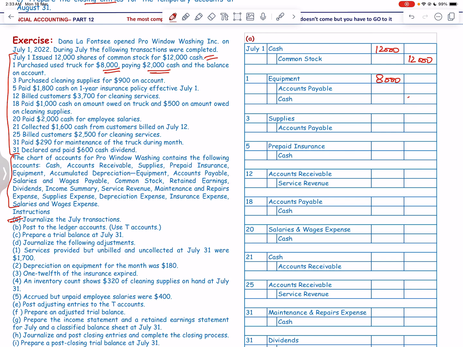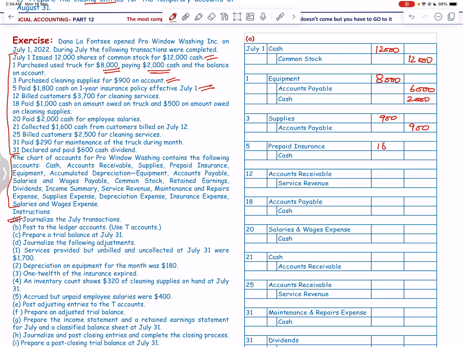Then they are purchasing supplies on account. So supplies is debited by 900, and accounts payable is credited by 900. Then we have paid insurance in advance. So prepaid insurance is debited by 1,800, and cash is credited by 1,800.